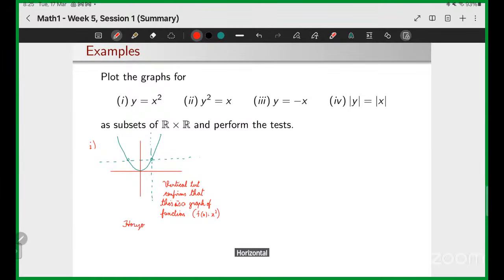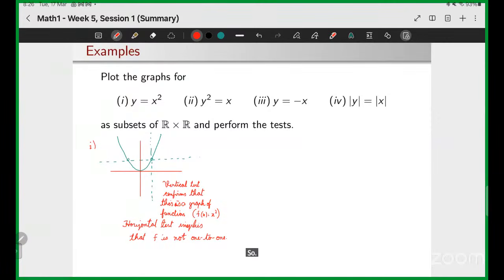The horizontal test implies that f is not one-to-one.